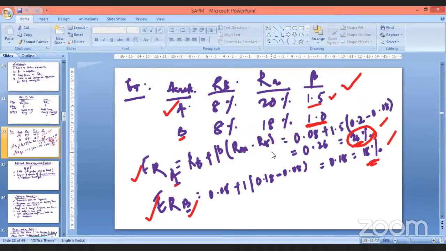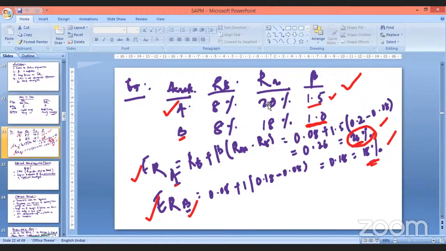How to determine? We have to follow the CAPM model: RF plus beta into premium. Premium means RM minus RF. Is it clear? So for asset A, what is the risk-free rate of return? That is 8%, that is 0.08. Yes or no? Yes, sir. Plus beta, which is 1.5, into premium.